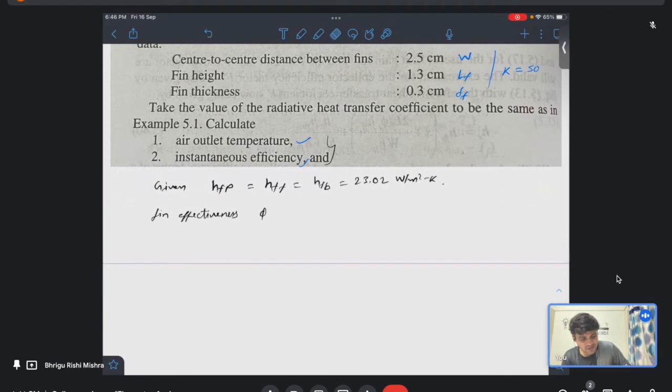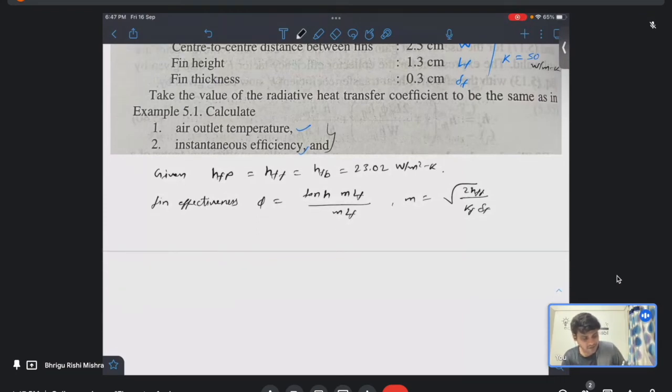It is phi equals tanh of m LF by m LF. Here m is root of 2 hff by kf delta f. Since we have assumed that the longitudinal fins are made of steel, and steel has a K value of 50 watt per meter per Kelvin, we'll use that value to calculate m.